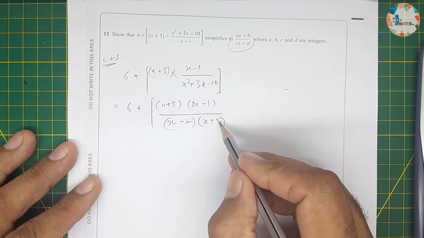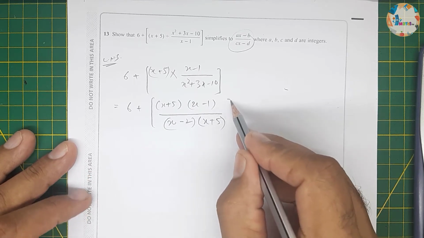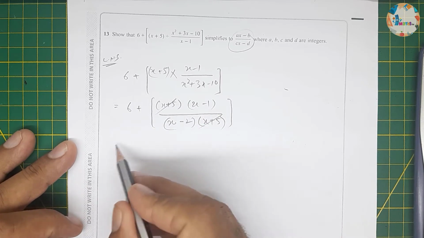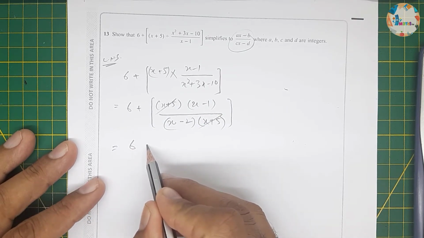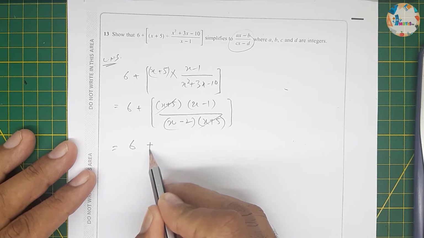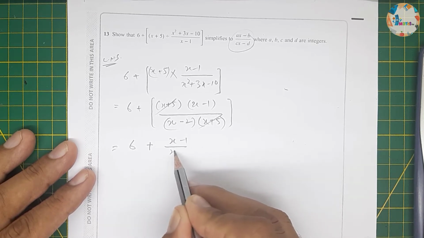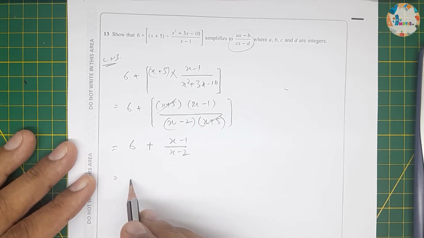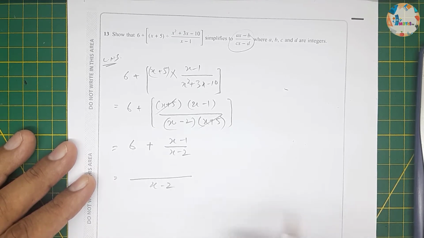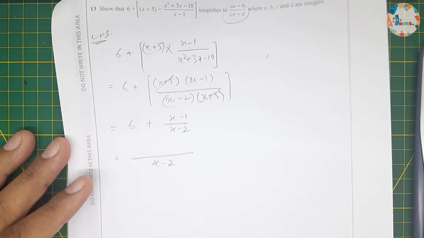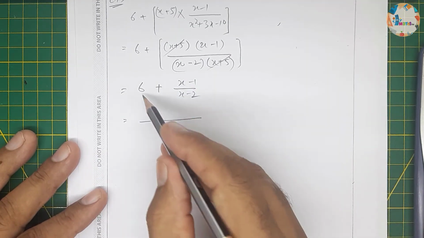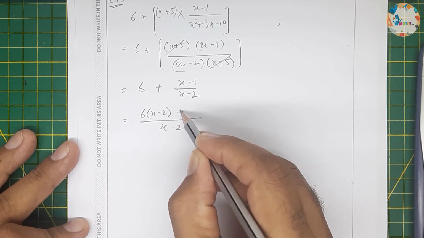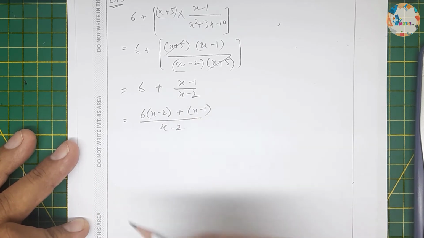This will be our factorization, and now x plus 5 will be cancelled with x plus 5, and it will come 6 plus x minus 1 over x minus 2. Now we can take the LCM, this will be x minus 2, and we can write this as 6 into x minus 2 plus x minus 1.